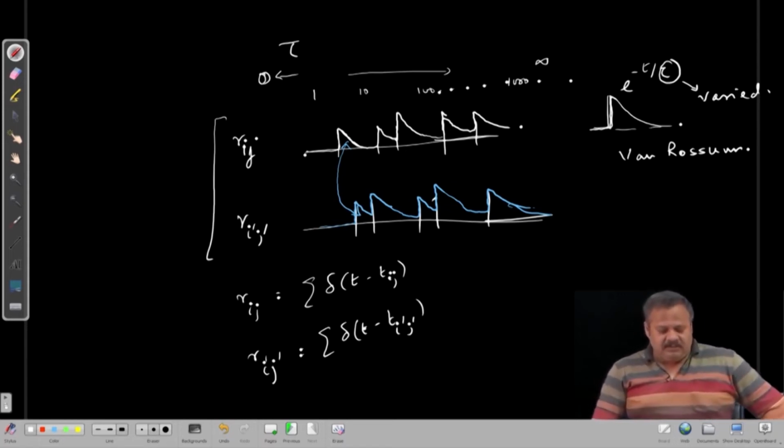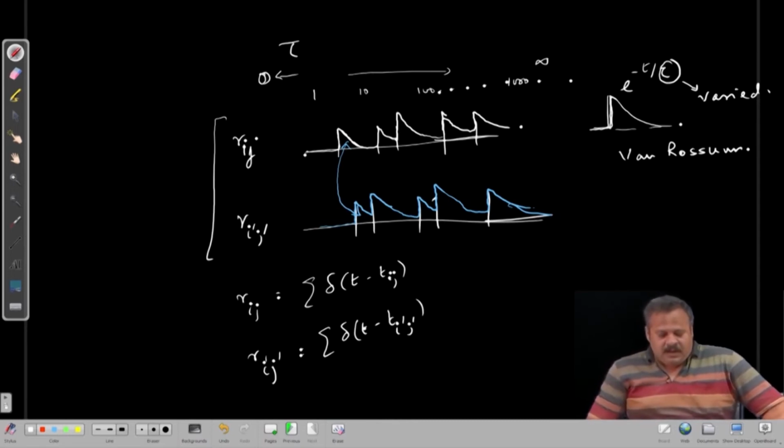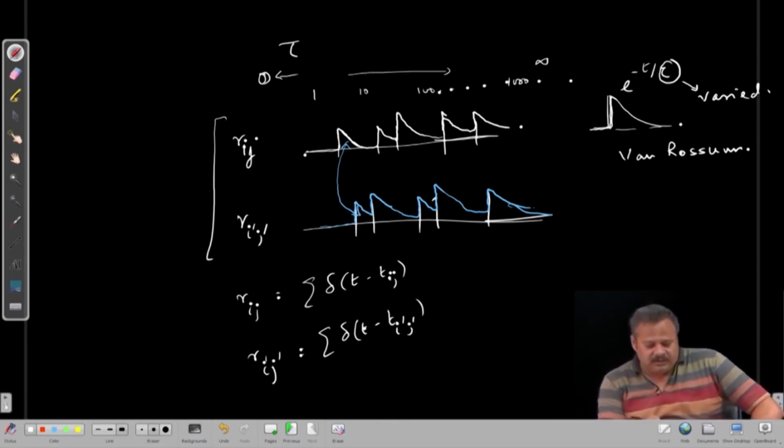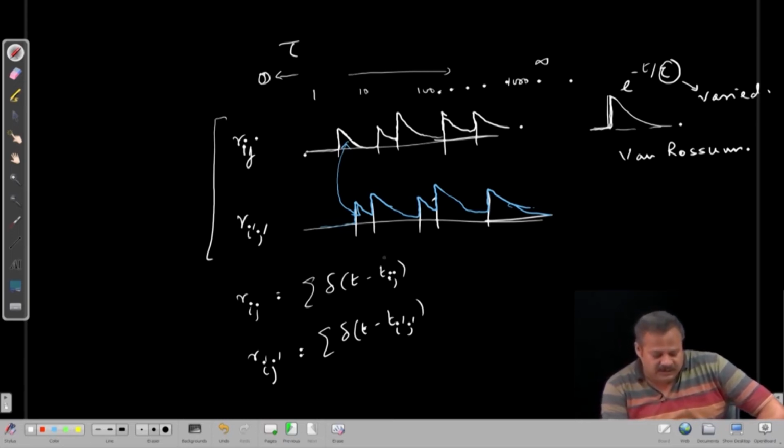Tij are the spike times in the Ij spike train, and Ti prime j prime are the spike times in the I prime j prime spike train. Actually, there should be the spikes that have to be represented. Ij is representing the spike train, and so there must be, let us say, k and k prime, and so this is summing over k, this is summing over k prime.